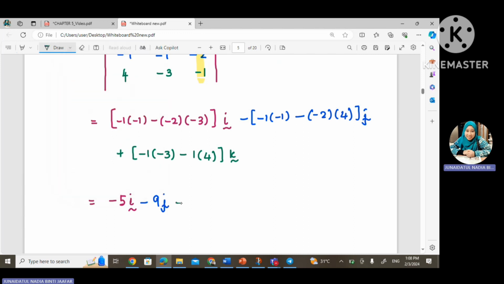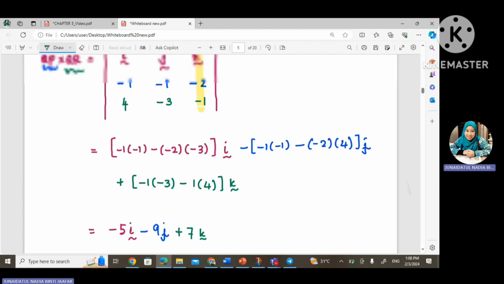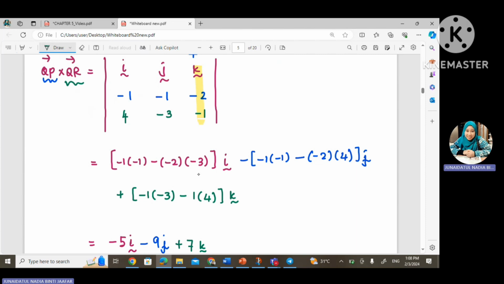And then for k, we have negative 1 times negative 3, and then minus negative 1 times 4.